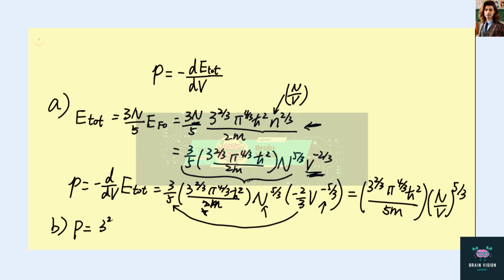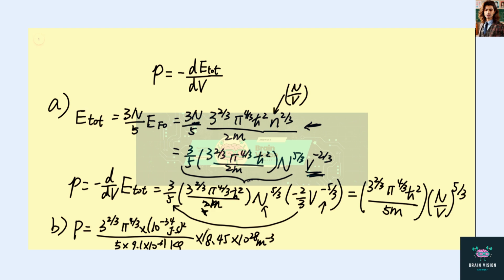P equals (3π²)^(2/3) times (1.05 times 10 to the negative 34 joule second) squared over 5 times the mass of the electron, 9.1 times 10 to the negative 31 kilogram. And then the number density is directly given to us. Small n is 8.45 times 10 to the 28 per meter cubed, to the power of 5 over 3.